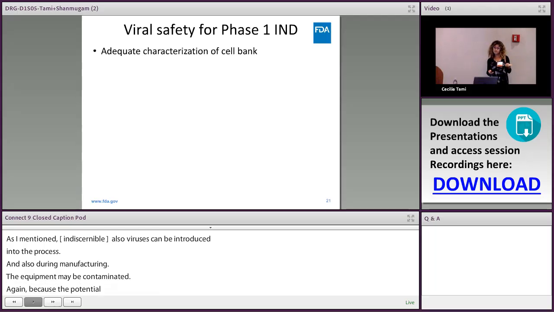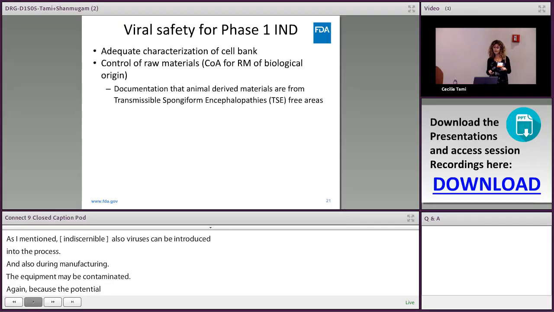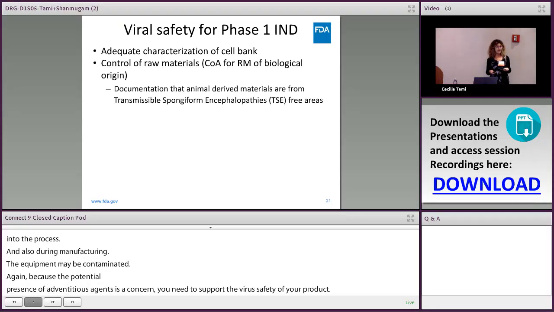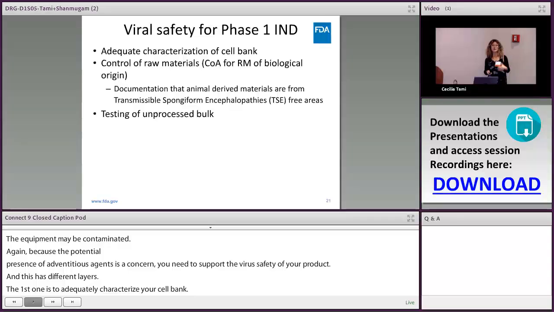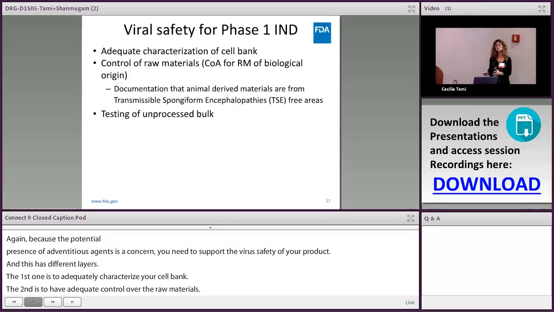The first one, as I mentioned, is to adequately characterize the cell bank. The second one is to have adequate control over the raw materials of animal or biological origin that are used in your manufacturing process. You are expected to test the unprocessed bulk, that is the harvest, the starting material for your downstream process, because that is the material that is more sensitive for detection of viruses if they were present.